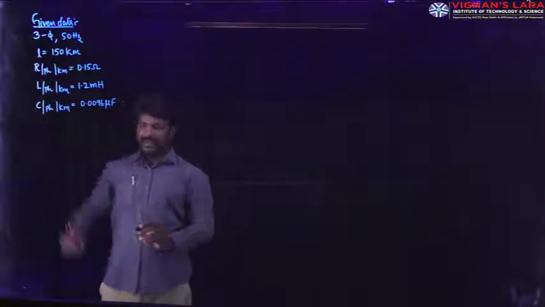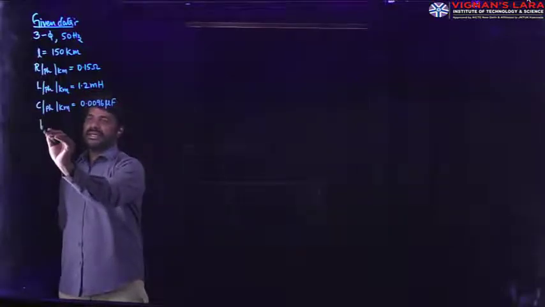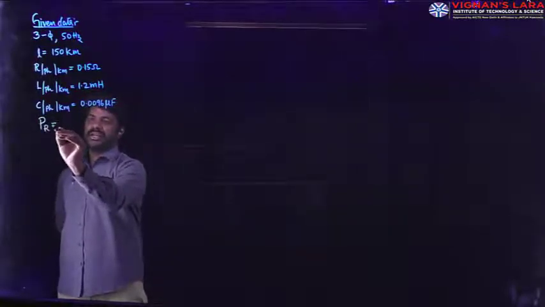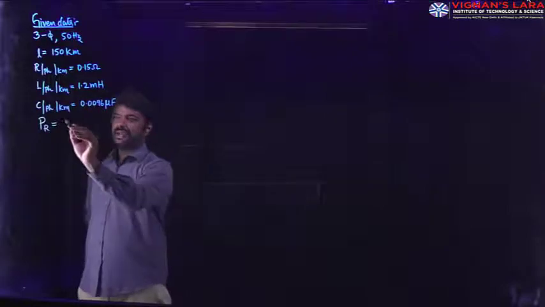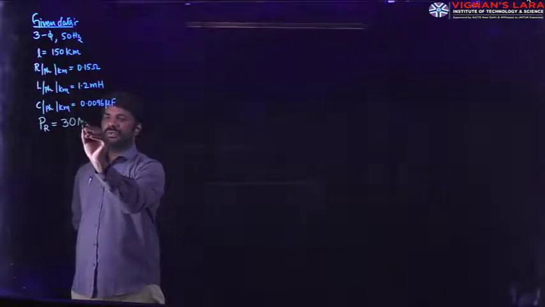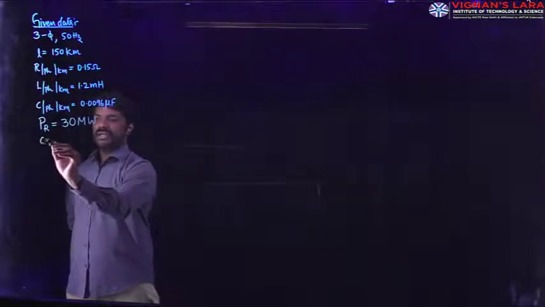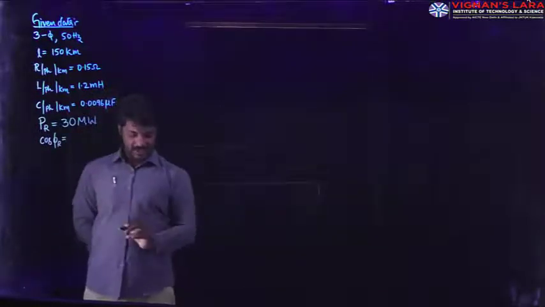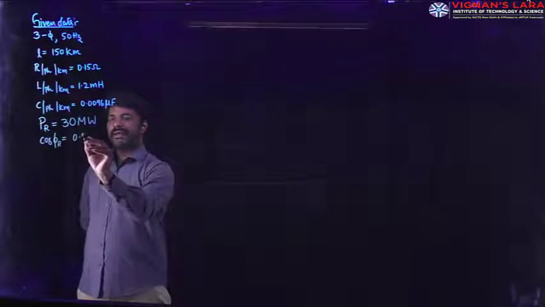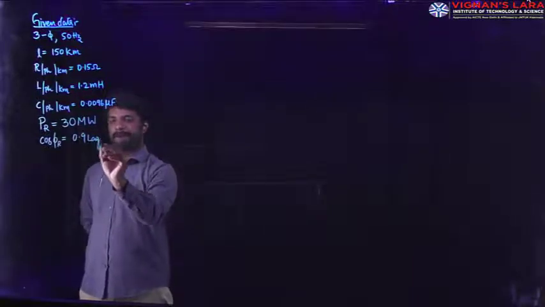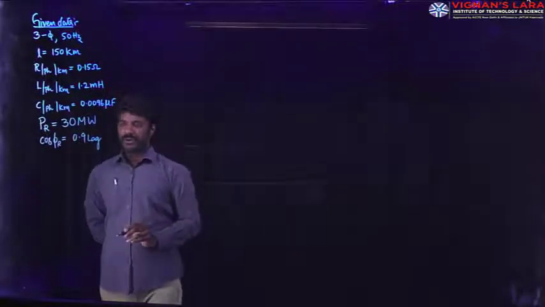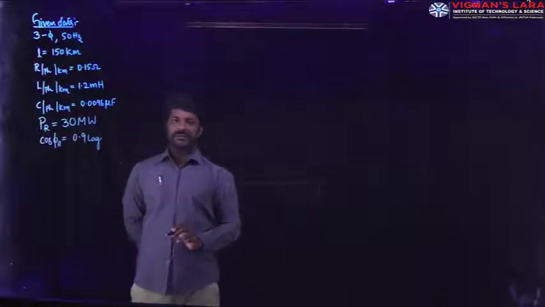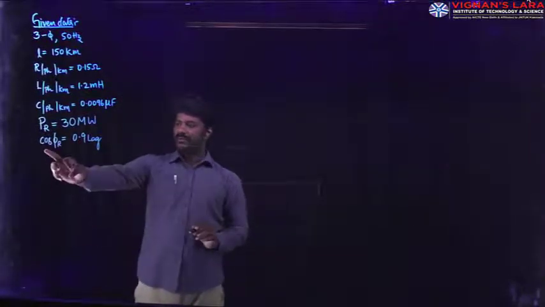This line is delivering power on the receiving end side of 30 megawatts at a required load power factor of cos phi r 0.9 lagging. This is the power factor of the load, which is an inductive load, which is why the power factor is lagging.